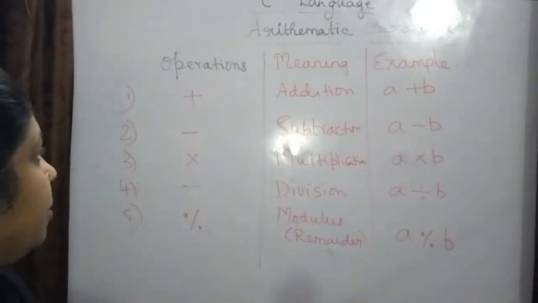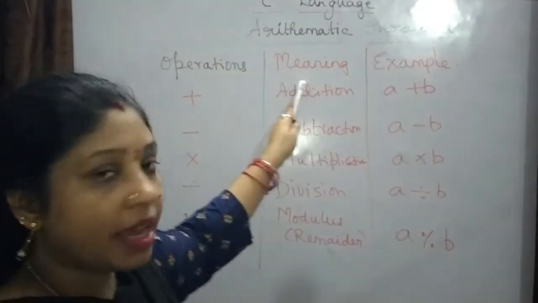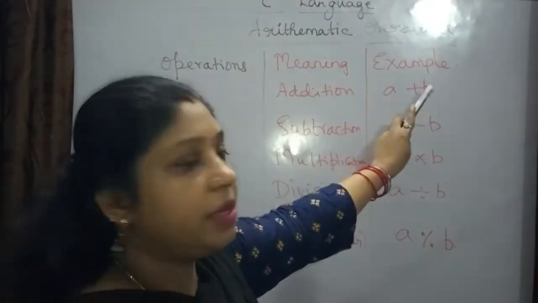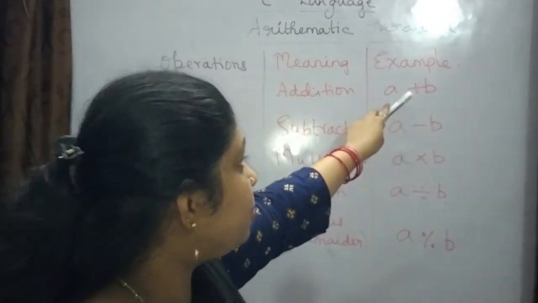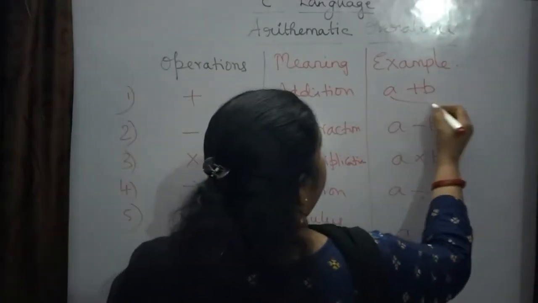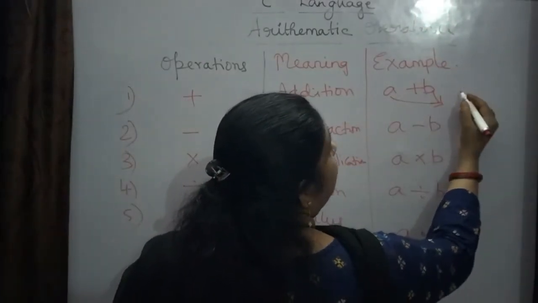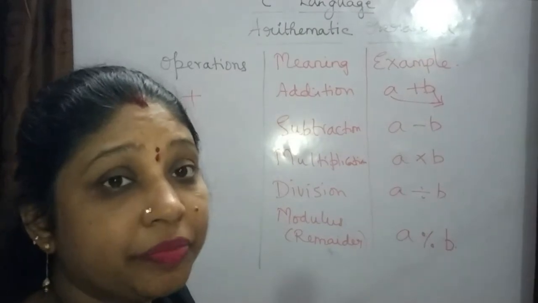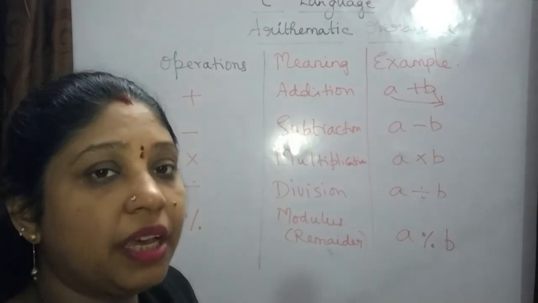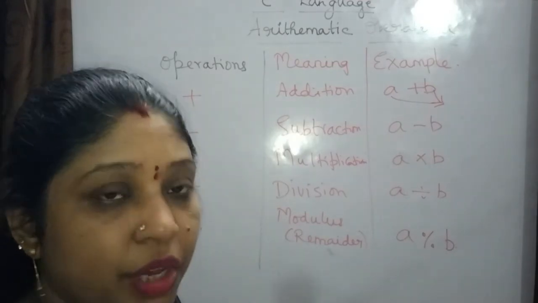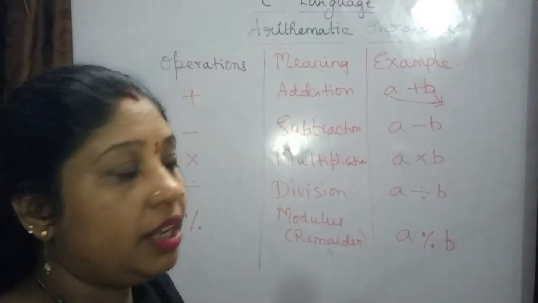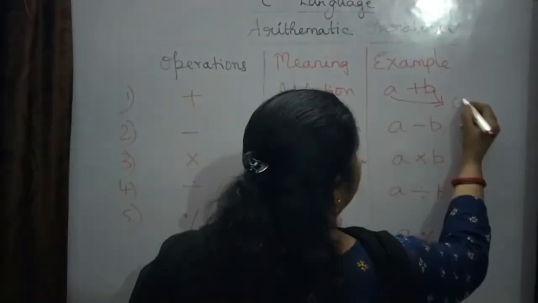So these are the operations, these are the meanings of these operations, and for example I have taken a and b as the variables, and I have used these operators with these two variables. Here a and b are numerical values, or generally you will call these a, b as operands.